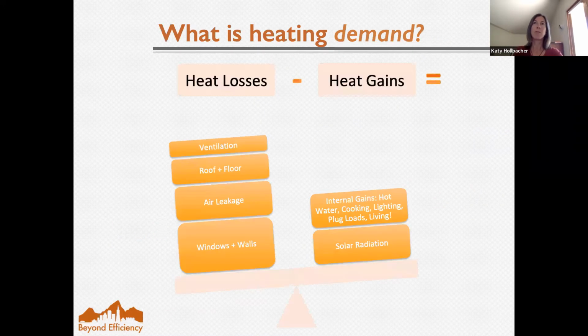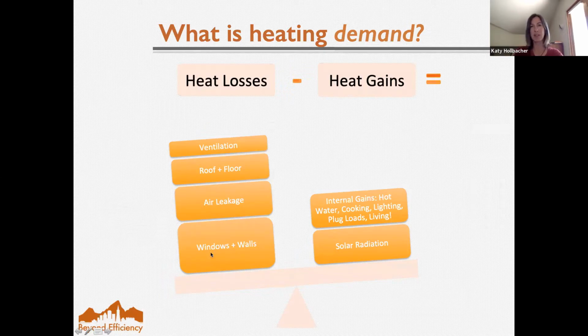So some best practices on envelope. But first off, when we talk about heating demand, what does that really mean? If you just look around the room and the space that you're in right now, there's conductive heat loss through your windows. Let's just say it's a fall day. It's 40 degrees outside, and it's 70 degrees inside.